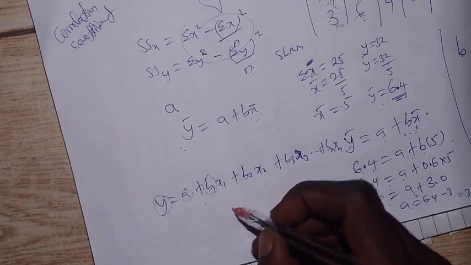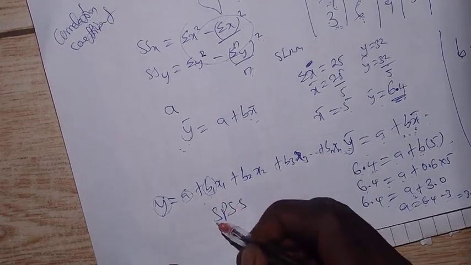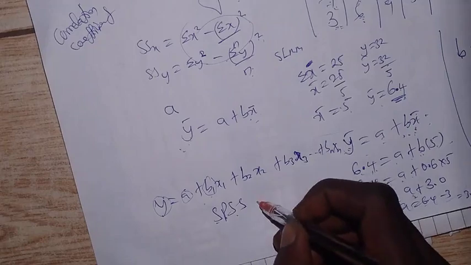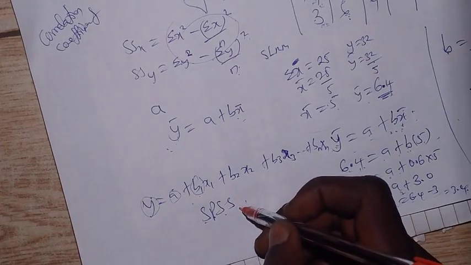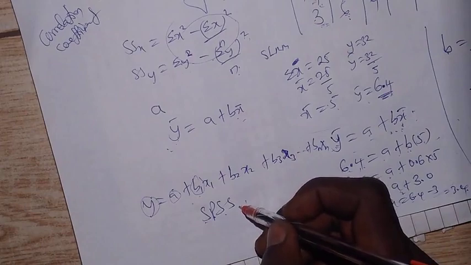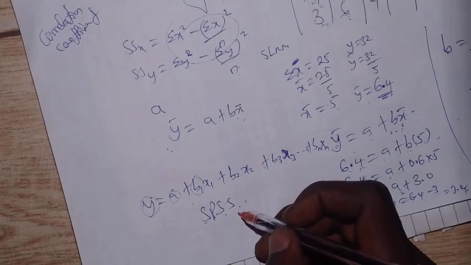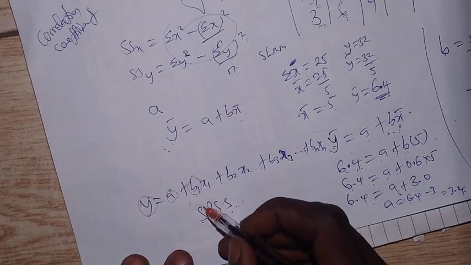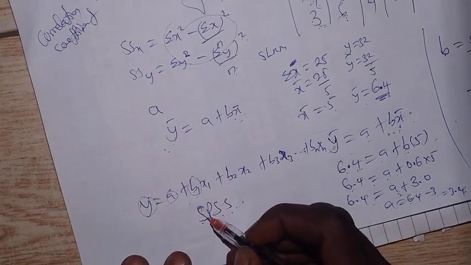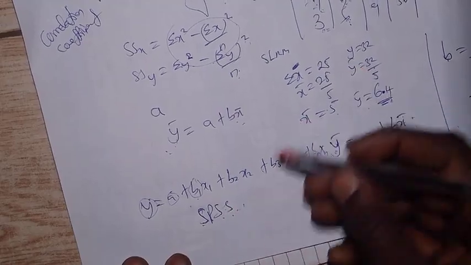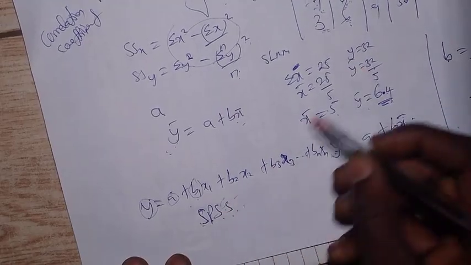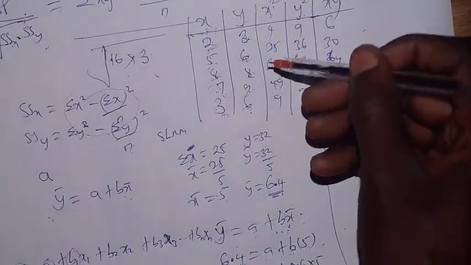So use statistical software like SPSS, Statistical Package for Social Science. I know this is common to you since 300 level. We all know this, from our statistics and data processing, or from application of computer to agriculture. You were taught SPSS. There are steps in getting this. Even this one, you can get within seconds.